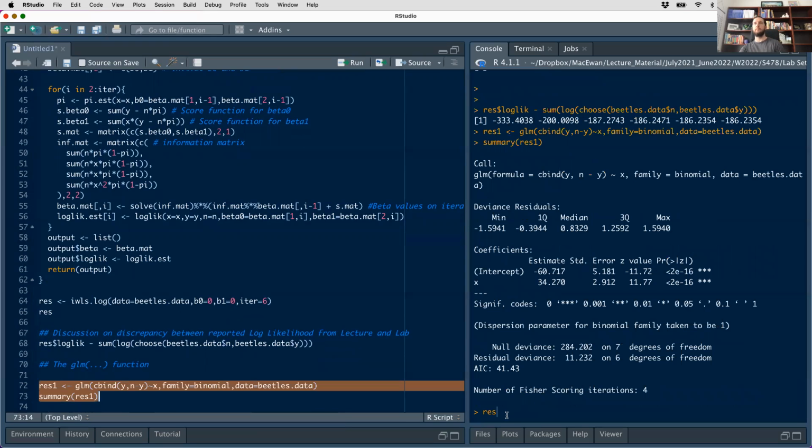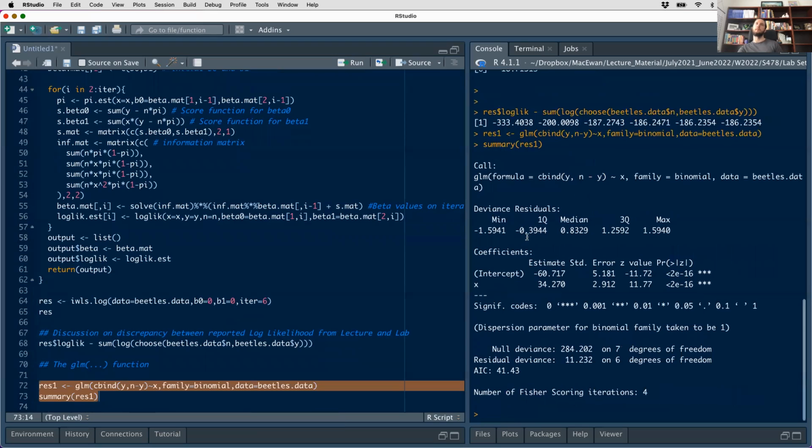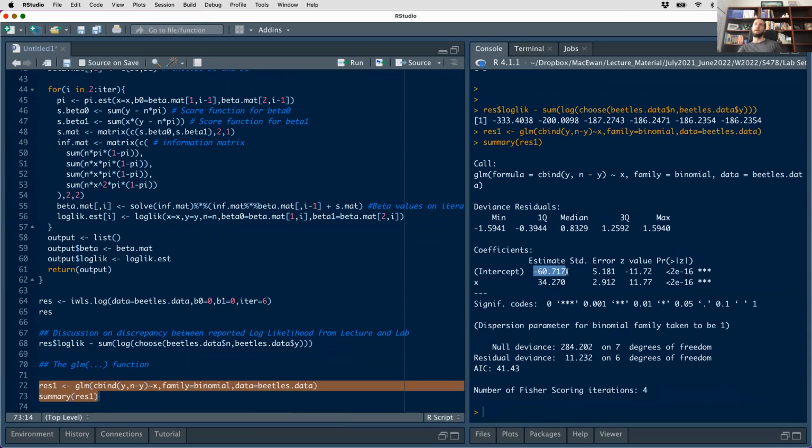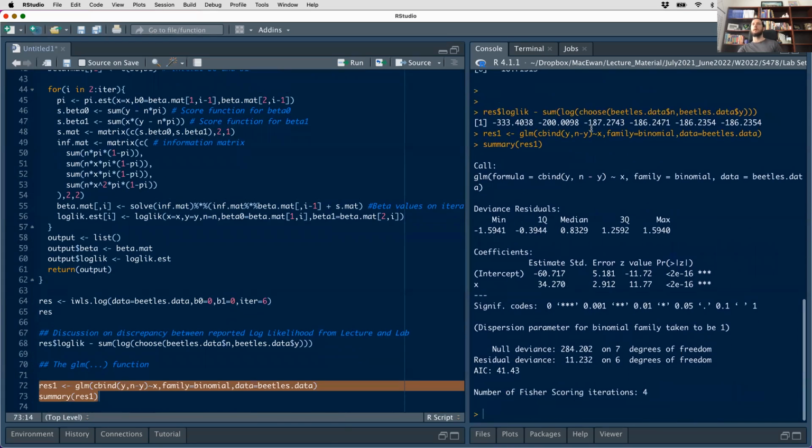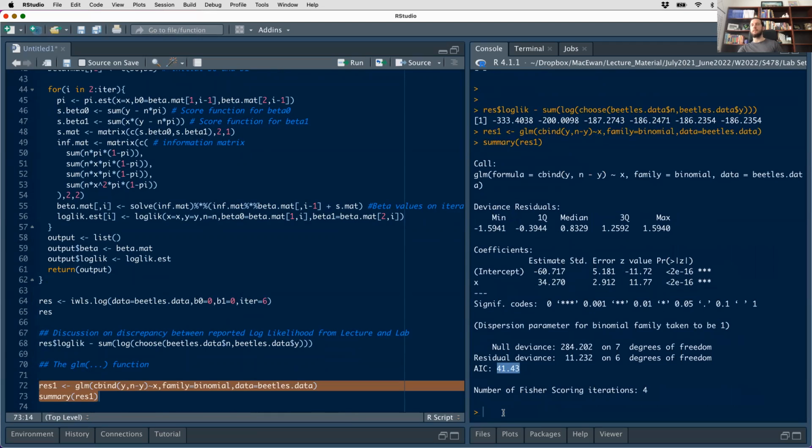All right, if we type this in, you can see here that we have our estimates, which match exactly what we gave above. And then you can see here we have the AIC. The AIC is -2 times the log likelihood at convergence plus 2p.